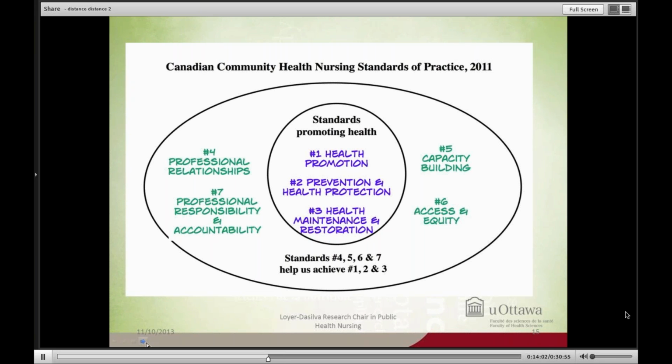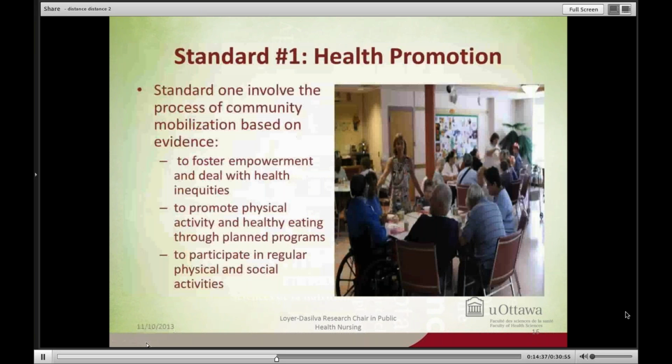So in our health promotion, in the prevention and protection of health, even in health maintenance and restoration, we need the supporting standards in the outer circle, like access and equity, capacity building, professional relationship, professional responsibilities and accountability. These are all key components that come together to really create a strong focus on reducing the equity gap between populations.